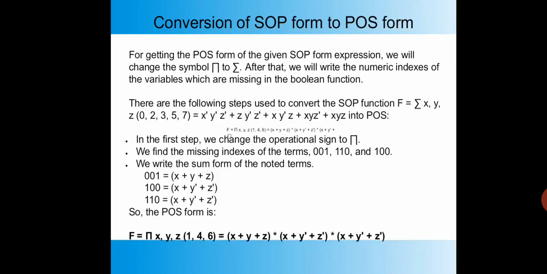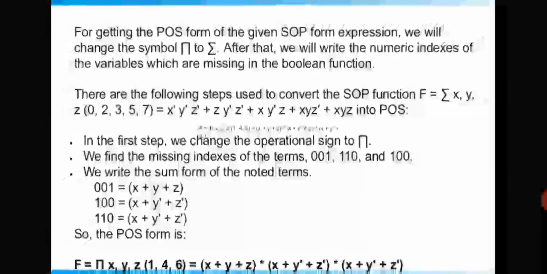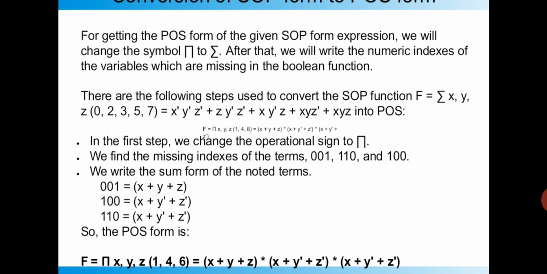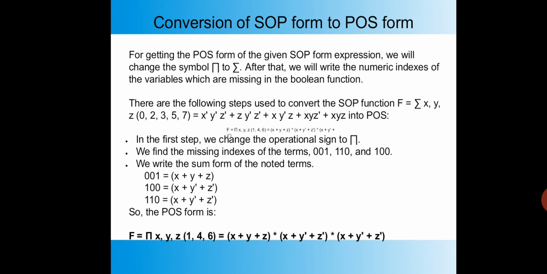It is in a very small form, let me zoom in here. It is something like f = Π(x, y, z) of 1, 4, 6. Why is it 1, 4, 6? Because those are the missing ones, isn't it? So at the end you can see the actual output. You can get the same thing in the last line.